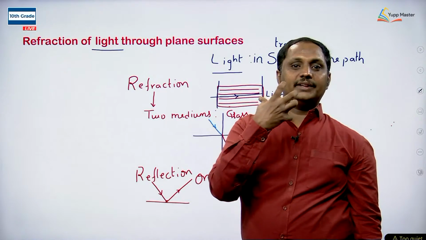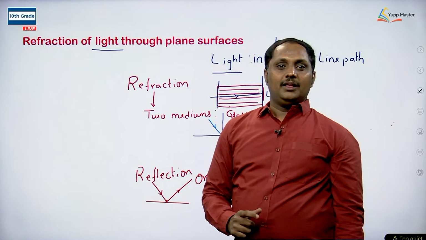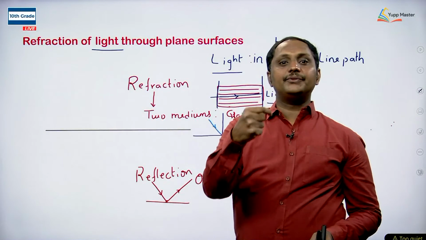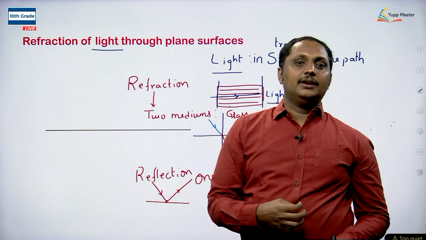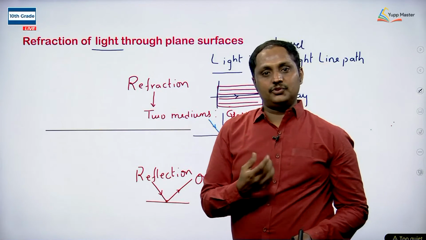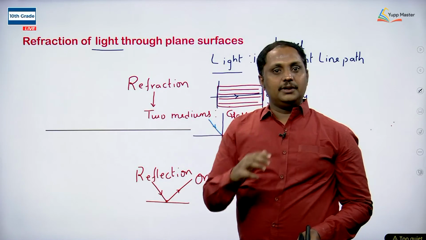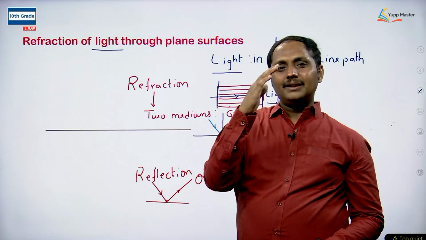Let us see refraction in your daily life, such as changes in the size of an image. Examples: if you immerse a pencil into a glass of water, the pencil seems to be bending.